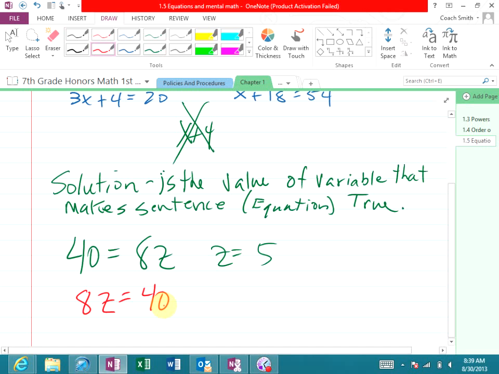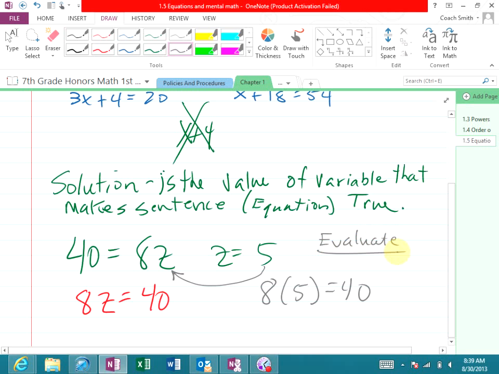So, what they want to know is, is 5 the solution? Well, to figure that out, I have to plug it in. So I have to take 8 times 5 equal 40. In other words, I just plugged that 5 in for the z. Remember, we called this evaluate.